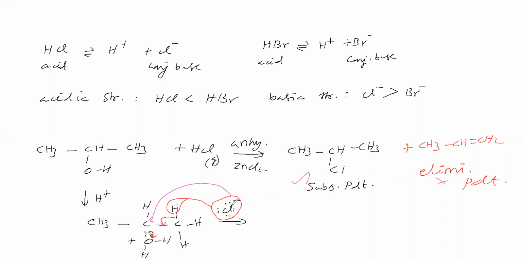That means Cl minus has a higher tendency to attack this carbon rather than abstract the proton. Therefore, we get the substitution product but not the elimination product. So even a tertiary alcohol gives a substitution product.